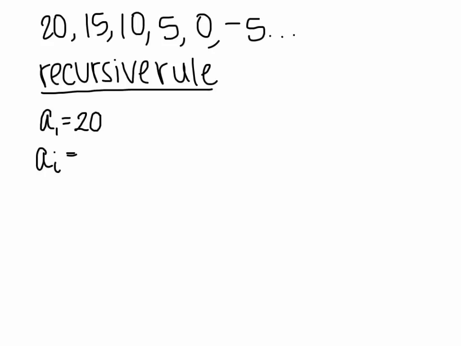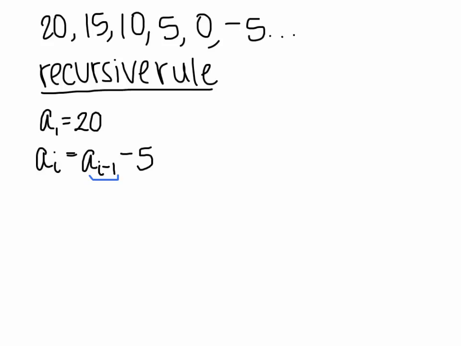So this formula is going to say, if you want any term in the sequence, take the term that comes before it and subtract 5. So this little subscript, a sub i minus 1, that i minus 1 in words says the term that comes before the one you want.